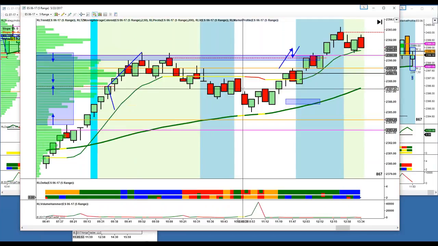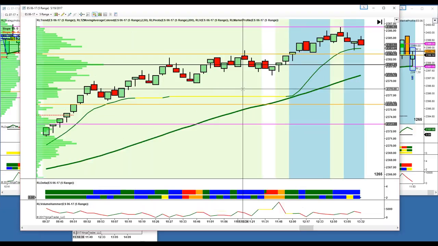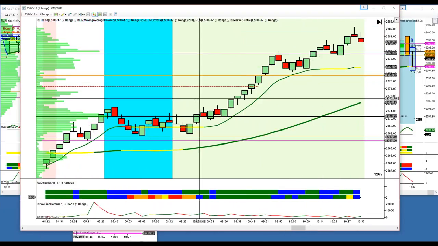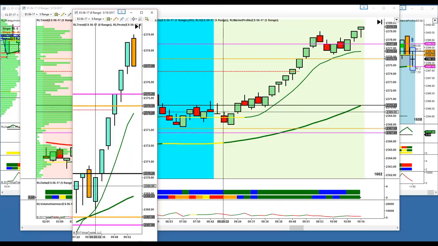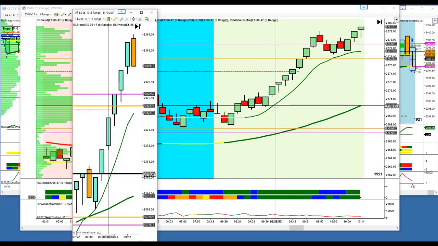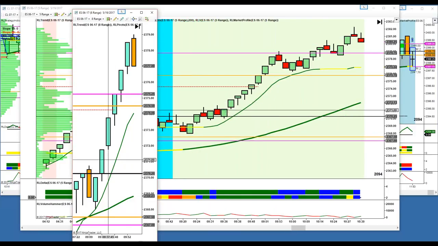Now, when the background bias is our third color, so you look at this move to the upside right here. If we globally track this right here, it's not giving us an exact back look at market profile, but we've got a tremendous long trade here.